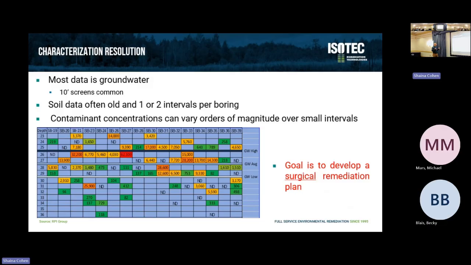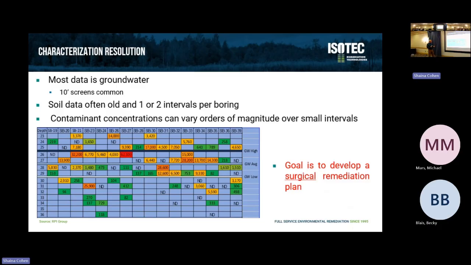But there are often 10-foot screens, commonly because that's the length they come in. You take it out of a bag, drill to your depth, and put a 10-foot screen in. We've all done it. But that doesn't tell you anything about the geology, the hydrogeology, where the contamination even is within that 10-foot zone. It just tells you a screen over 10 feet.